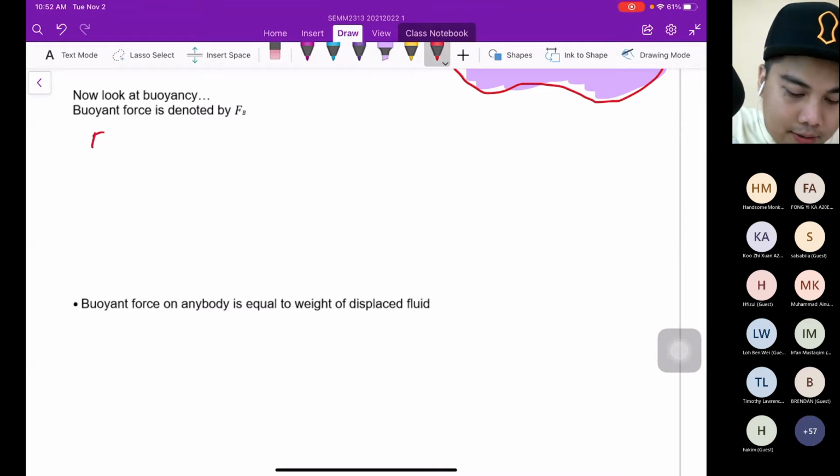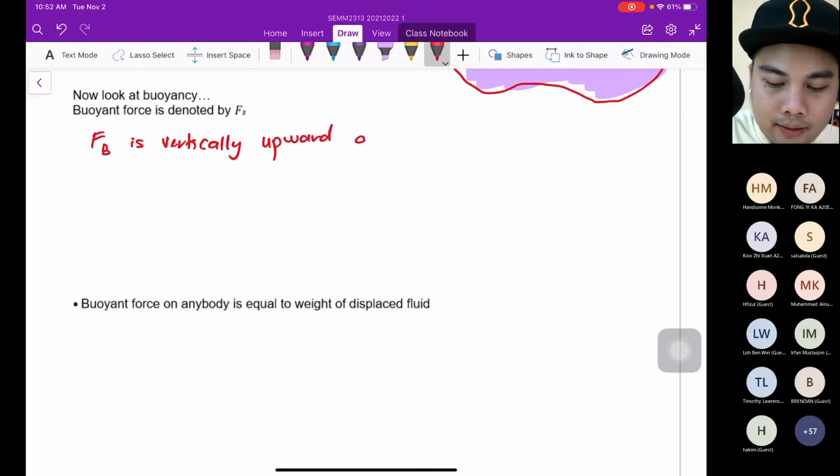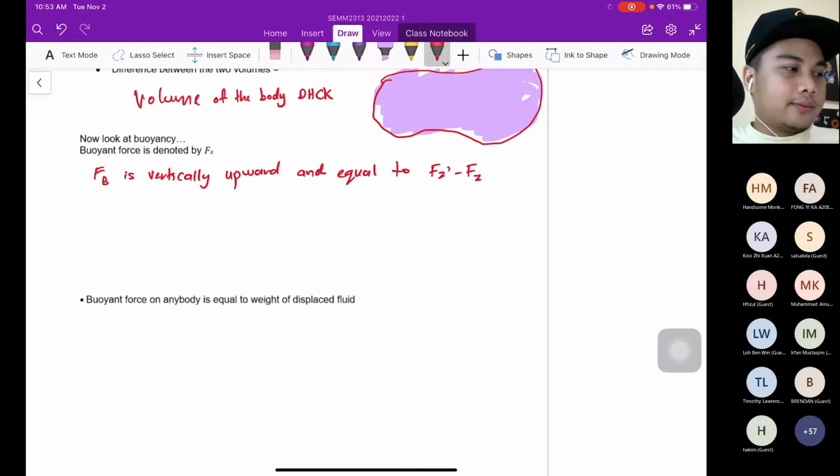So FB is vertically upwards, must be upward, and equal to F Z prime minus F Z.